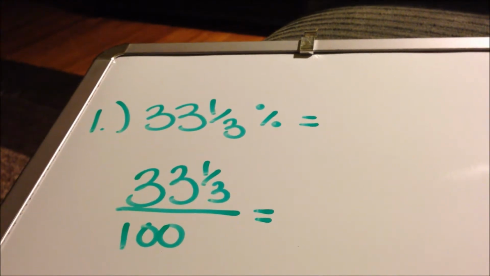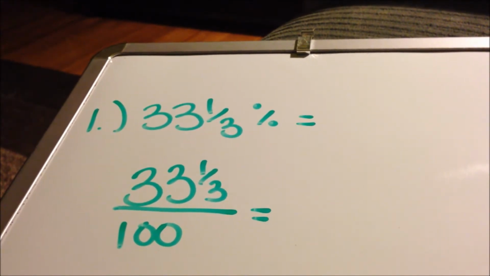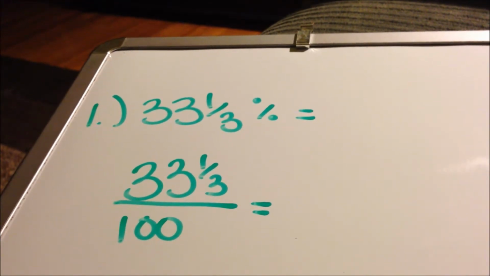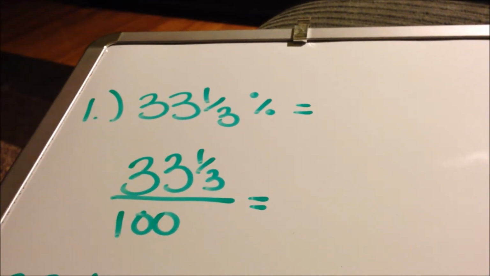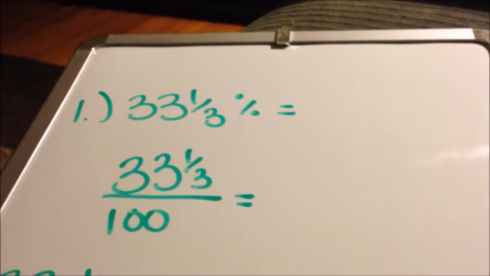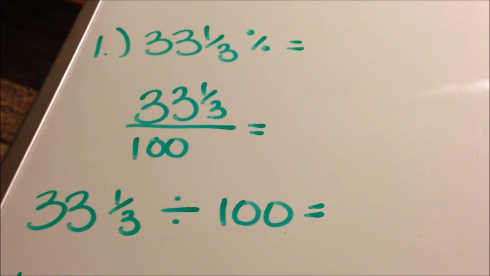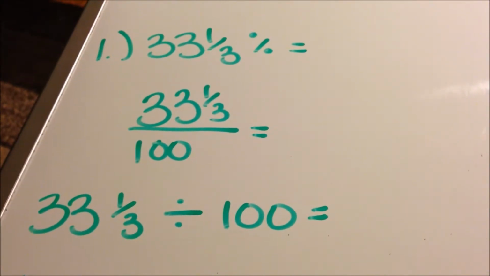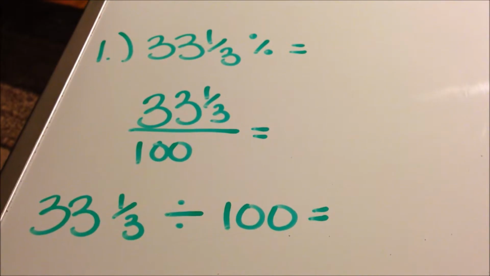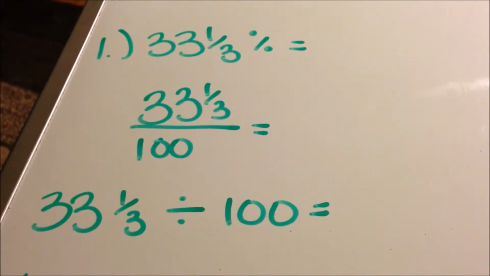Number 1, 33 1/3%. Start by writing the number 33 1/3 over 100, just like always. This one's tricky because we have a complex fraction. We have a smaller fraction within a larger fraction. What I would suggest doing is writing it out as a division problem horizontally. So we have the numerator divided by the denominator, or 33 1/3 divided by 100.